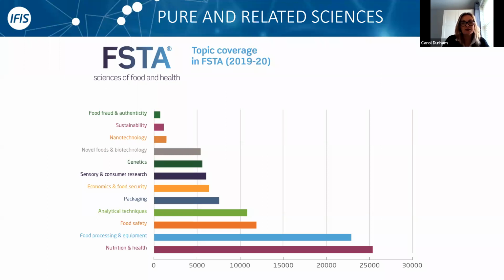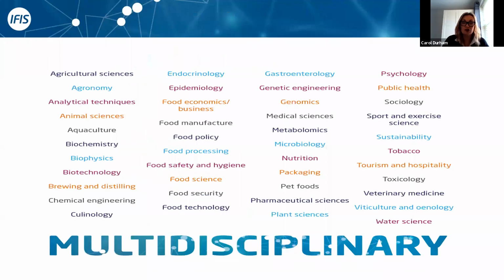And FSTA is multidisciplinary in its coverage. So you can see some areas on here that you might think, why would you have psychology journals indexed in FSTA? Well, we would only cover the content from psychology journals that's relevant to food.